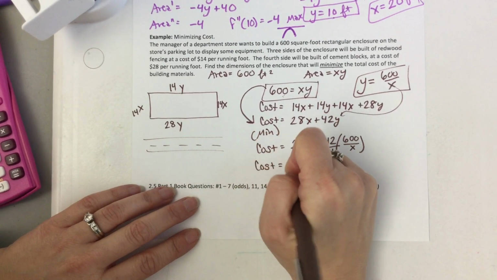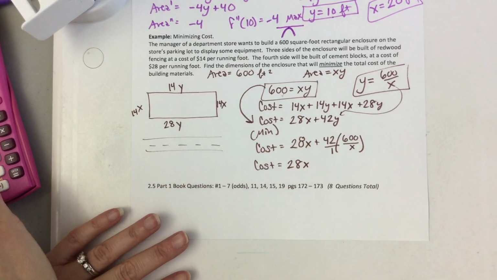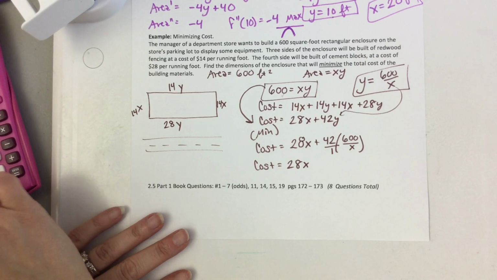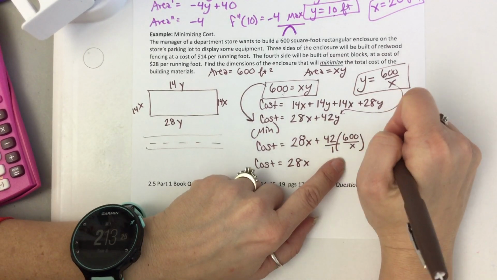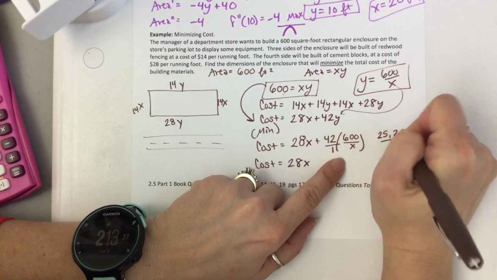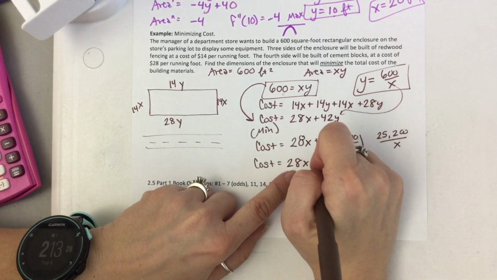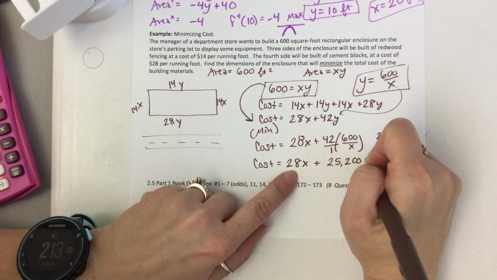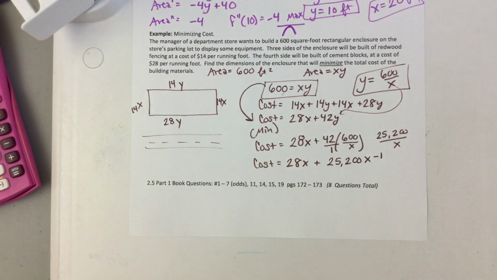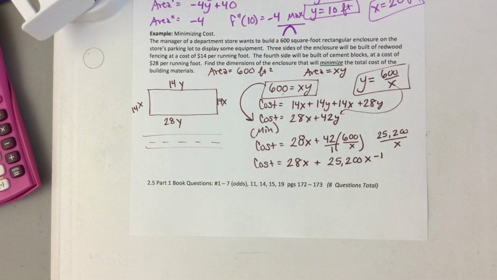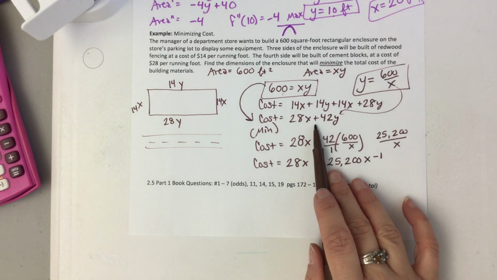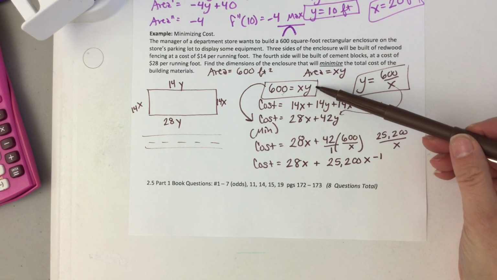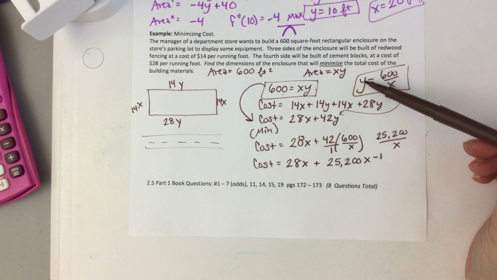So the cost function is 28x plus 42 times 600, which is 25,200 over x. But if I'm going to find derivatives, I need to realize that this is 25,200 x to the negative first power. That's the cost function. I took the cost, but I filled in the constraint. I need to keep the area at 600 feet, so I solved for a variable.